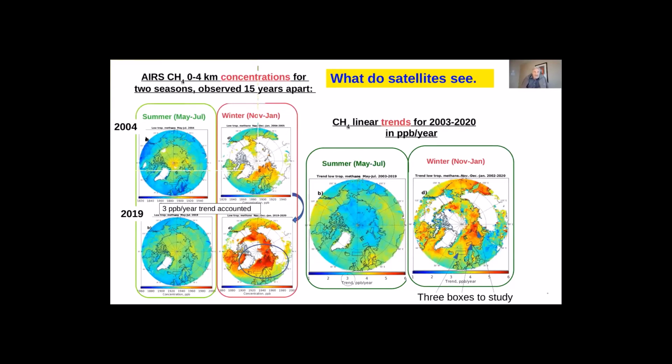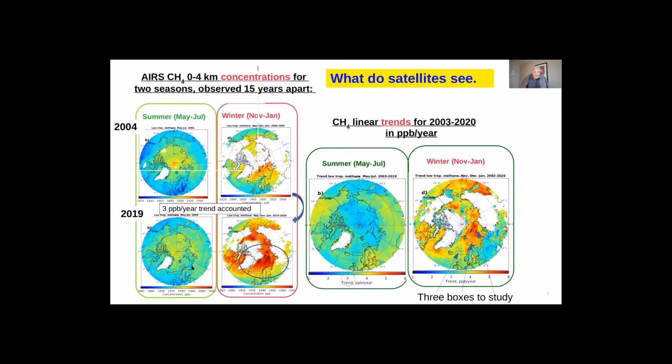What do satellites see? You see here summer, May to July, and winter, November, December, January, distribution of methane for 2004-2019, and for the 0.04 kilometers layer.